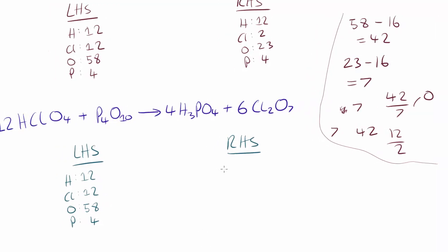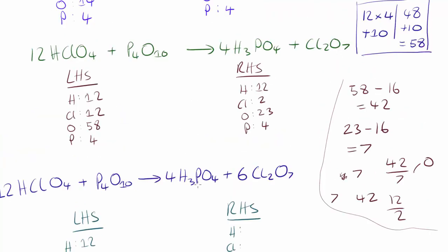And on our right hand side, if we do HClO₄P, it's important for us to consider that we didn't actually modify in the last iteration. If you compare these two equations, we didn't modify the number of phosphorus.